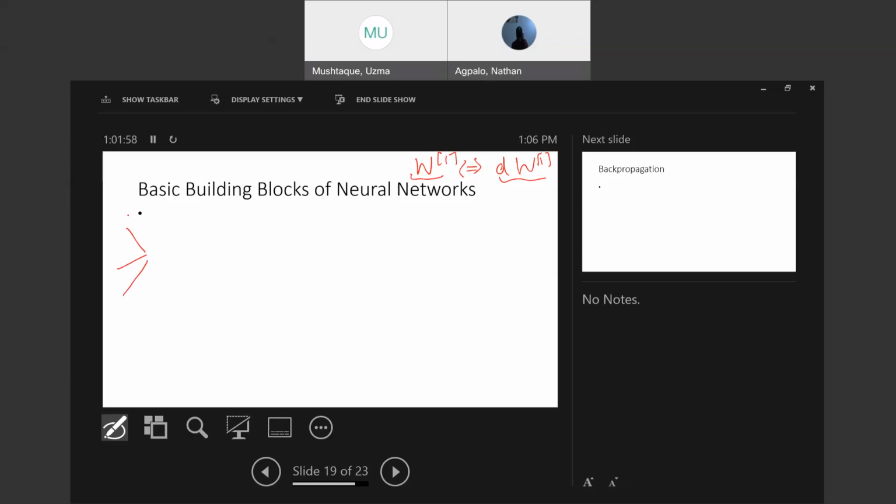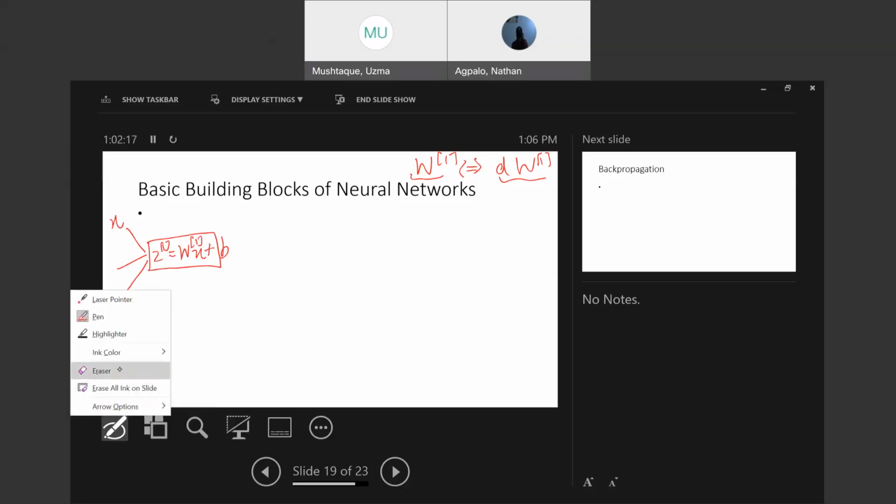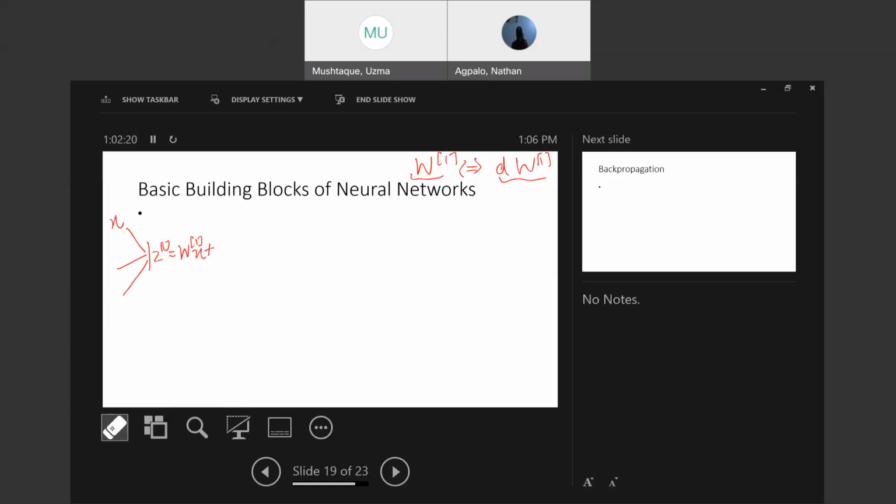So let's say these are my inputs, some X. I'm skipping a lot, because I already wrote that multiple times. But I just want to show you how this is going to work in more than one layer. Right, so this is the first thing that happens, and then the activation.